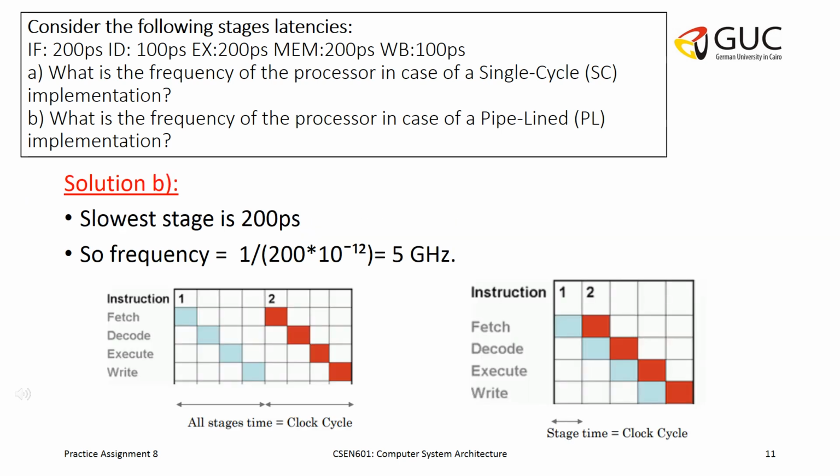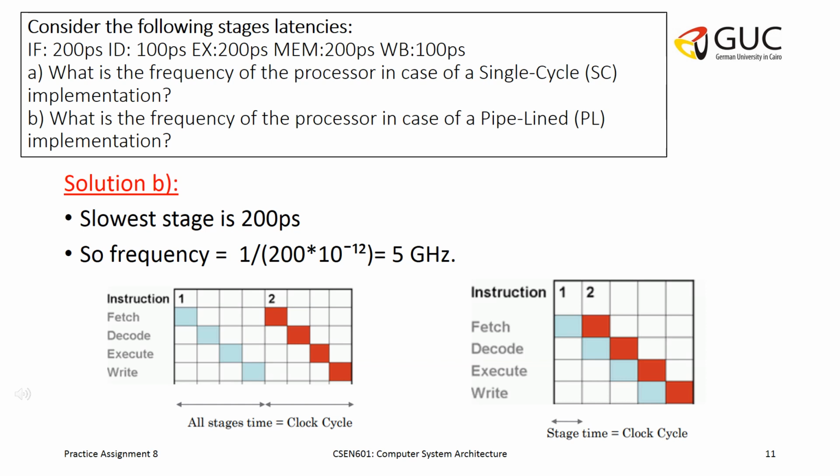For the pipeline version, it's a little bit different. Why? Because the second instruction doesn't wait for the whole instruction before it to finish. It only waits for what? For one stage only.